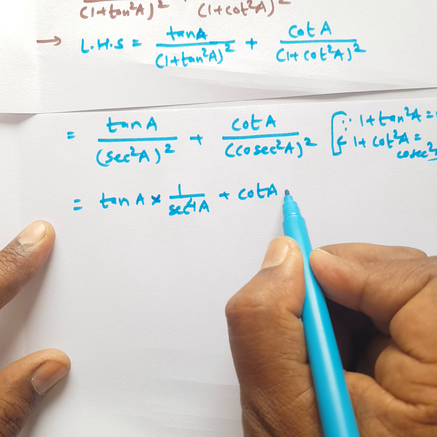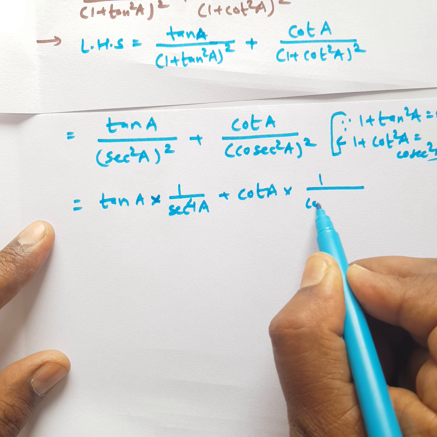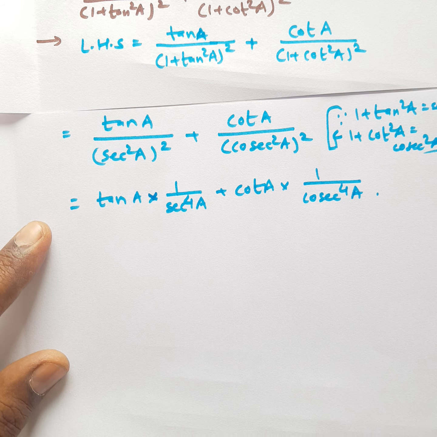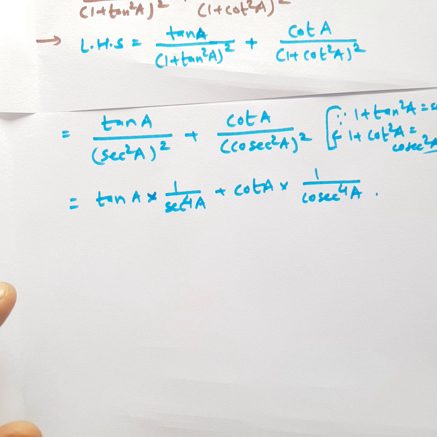We can write it as cot A into 1 upon cosec raised to 4a. We split numerator and denominator as here.